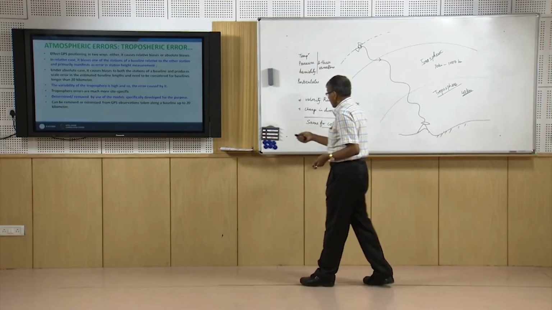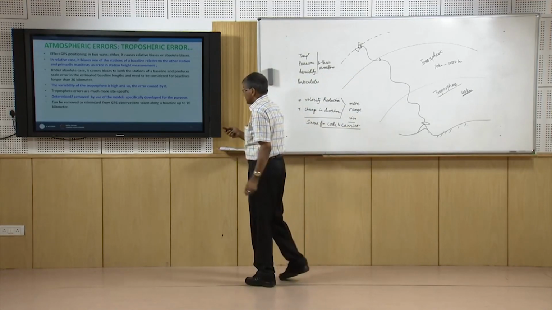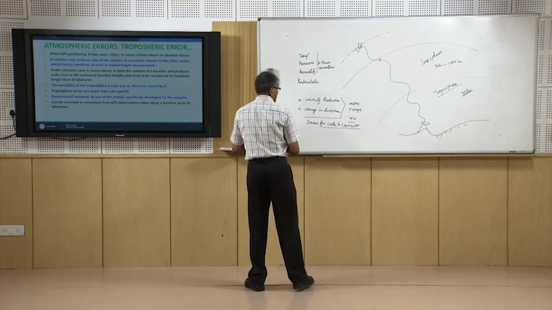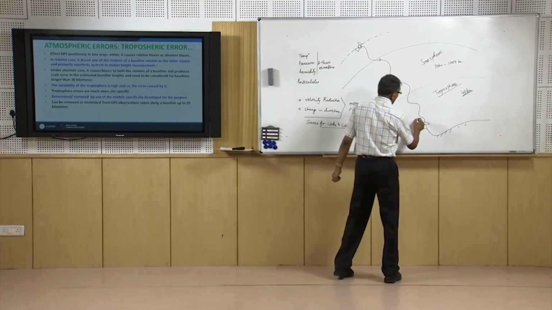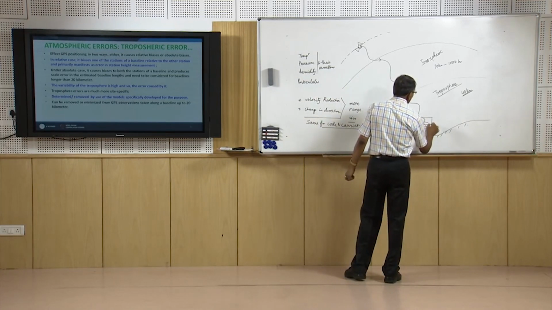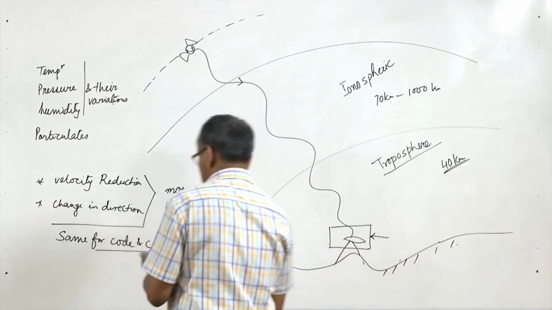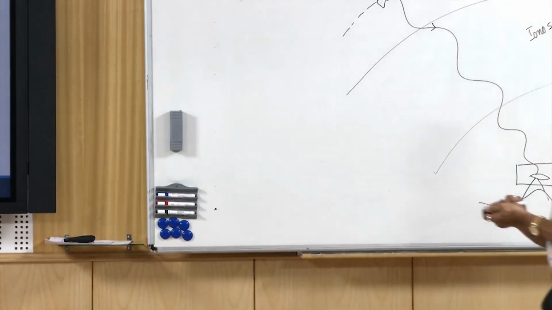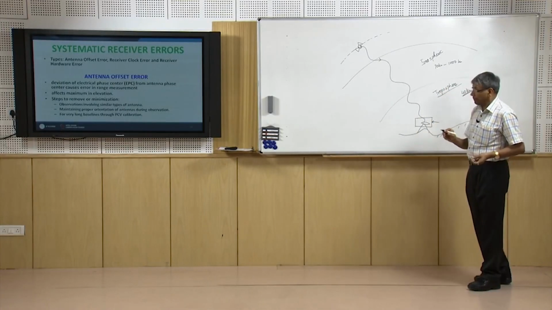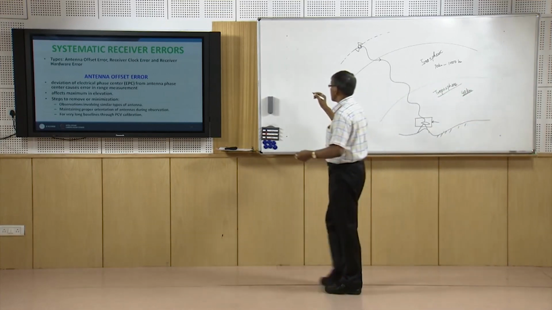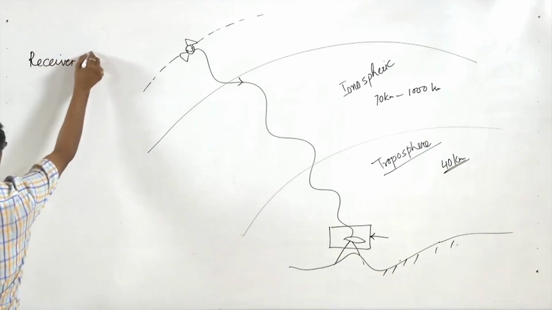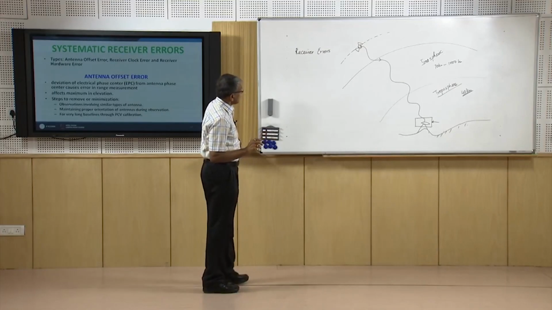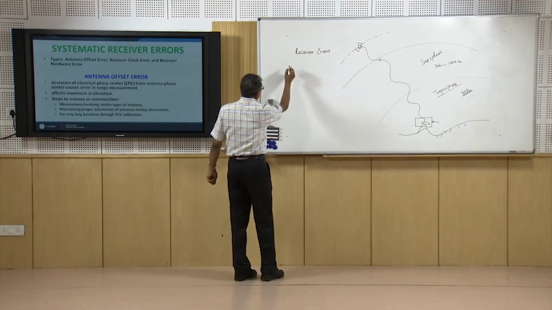Now with this I can go to the next type of errors, that is the error around the GPS receiver. Let me discuss the third category of the systematic errors, that is the systematic receiver errors. Under this there are three types of errors we will be discussing.